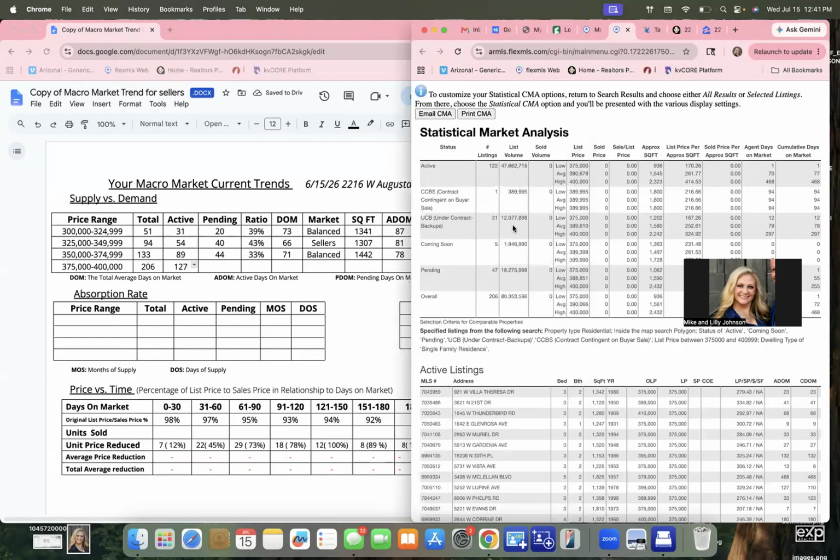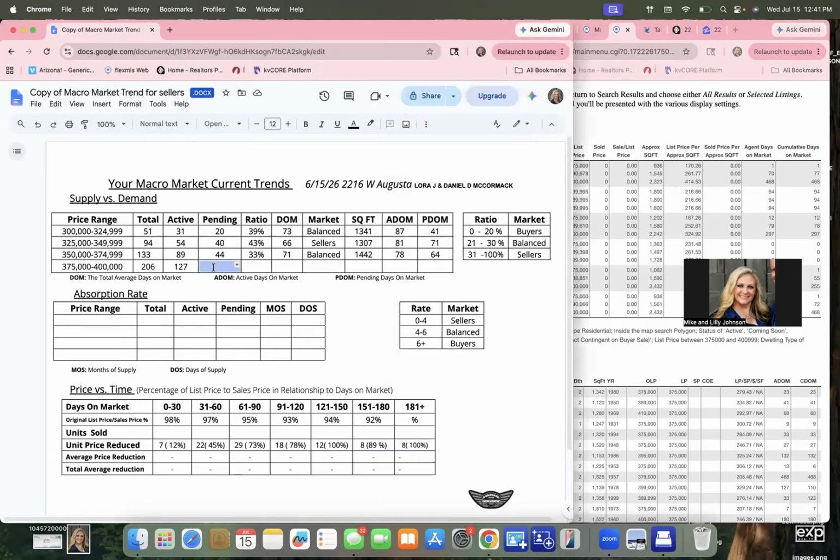Okay, and then we have got to get my trusty calculator. Okay, pending 47 plus UCB, which is 31, plus CCBS, which is 1. Okay, that's going to be 79. All right, I'm just going to make sure I did my math right. So I'm going to add 79 and 127 to make sure I didn't screw up. And yeah, that's 206. So I did not screw up.